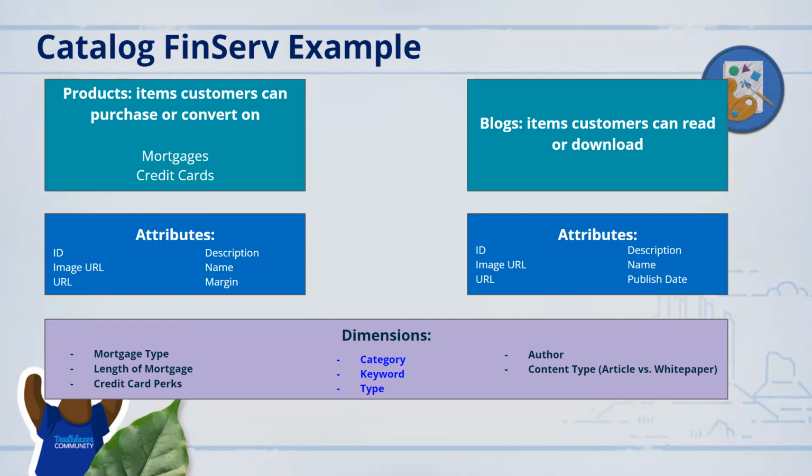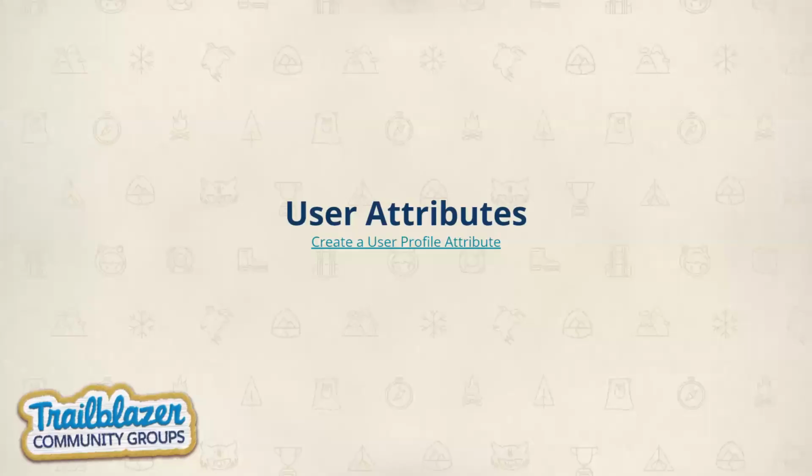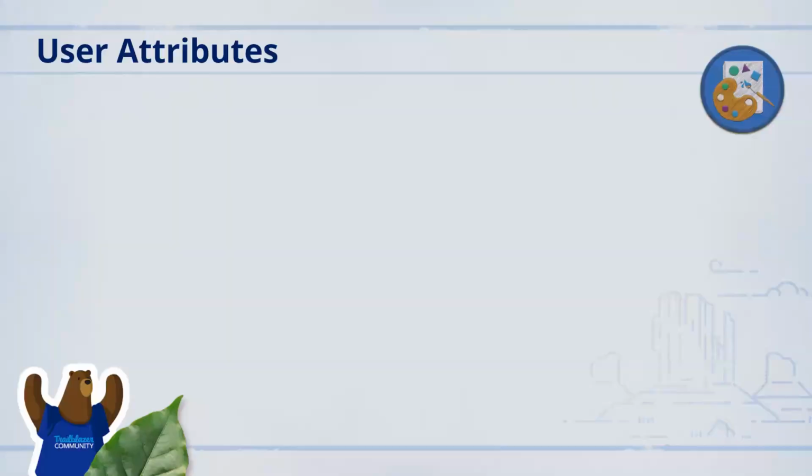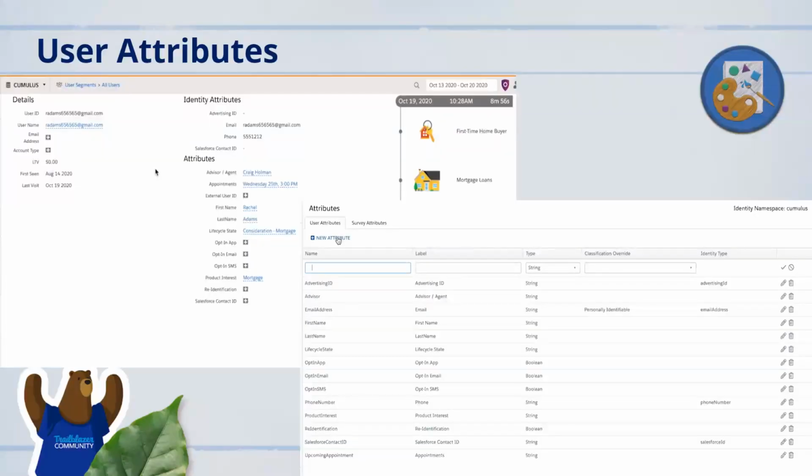So now that we have a deeper understanding of a catalog structure, let's take a look at user attributes. Again, I've added some helpful links that will be linked out to Salesforce documentation that gives you a bit more details into what each component is. Here I've included some screenshots of the unified customer profile.